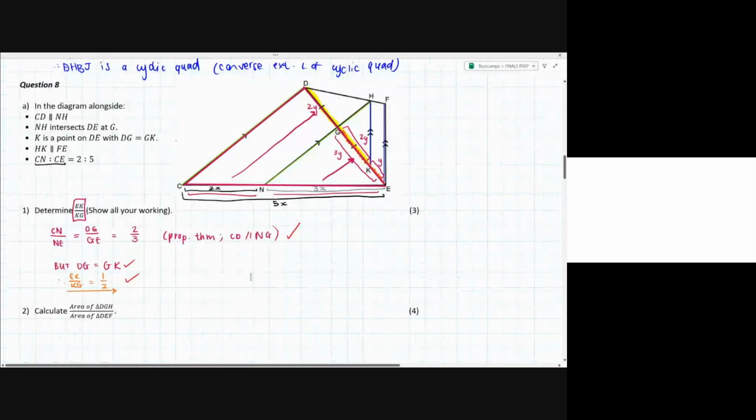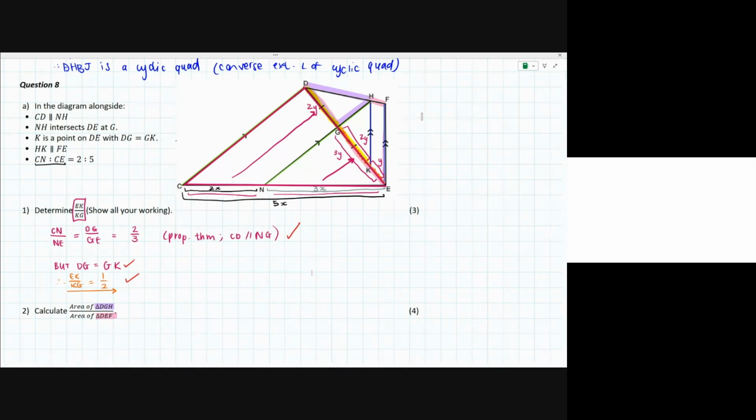So if we go back to our little diagram and have a look, we are looking at the area of triangle DGH, this purple triangle over here, and the area of triangle DEF. There it is. Okay.